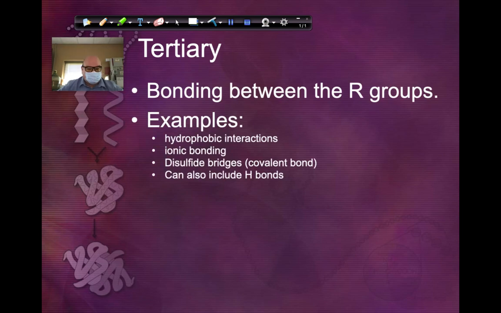Tertiary. This is when instead of that hydrogen bonding, we have all these different classifications of bonding. The best way to show you this is in a picture, but you've got hydrophobic, ionic, and these. This is why sulfurs. I kind of keep bringing up sulfurs.